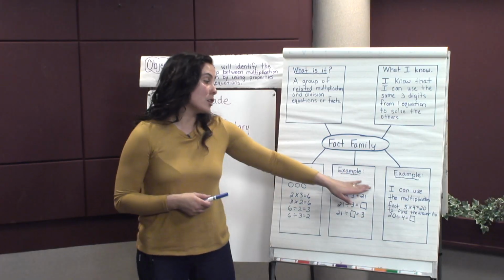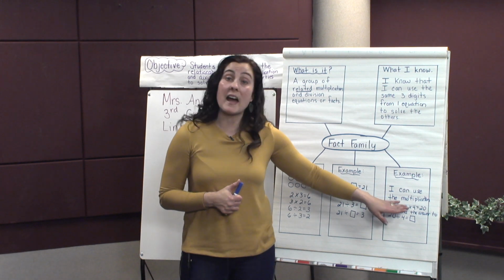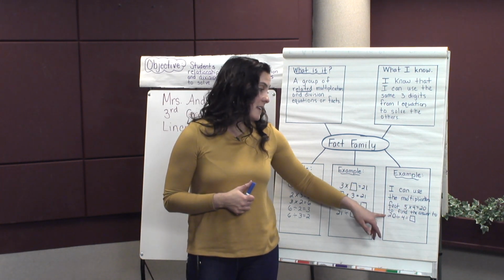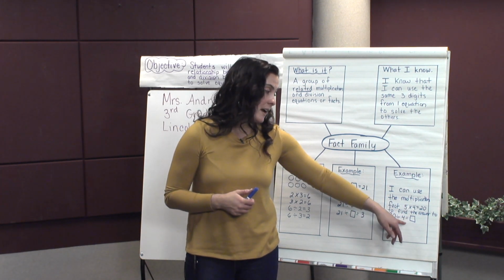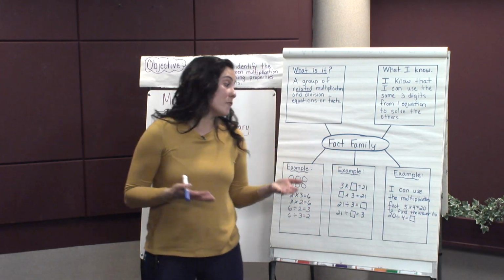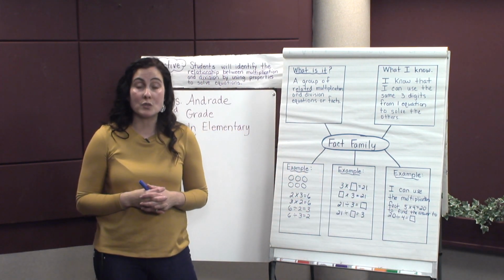So I can use the multiplication fact 5 times 4 to find the answer to 20 divided by 4. I know it would be 5 because I know that 5 times 4 is 20.